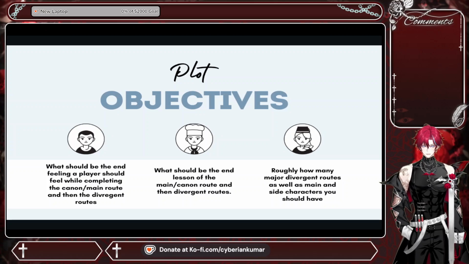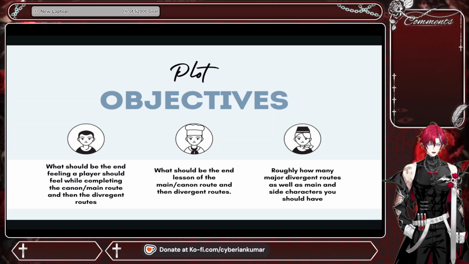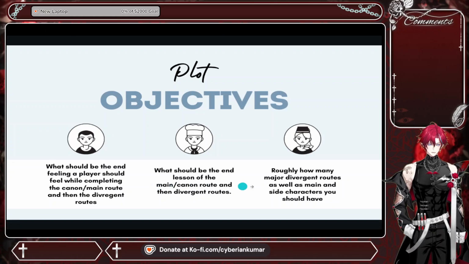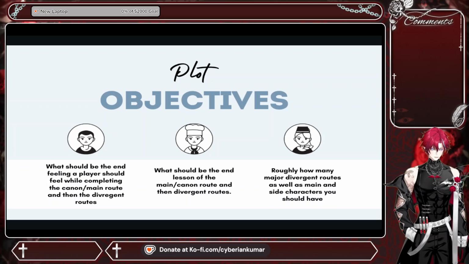The number of main and side characters in the canon route actually decides how much divergence you could have in the visual novel story.